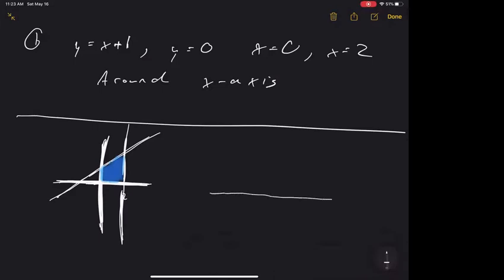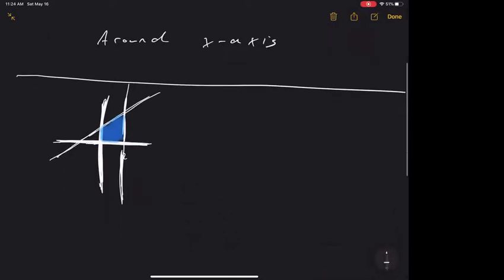Okay. So let's see. Once I do that, let's say this is my x, this is my y, and this is my z. I rotate it. Actually, I'm not even going to draw it like this. I'll just stick with this.